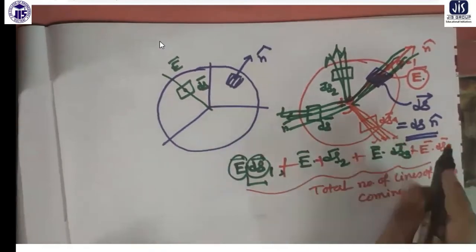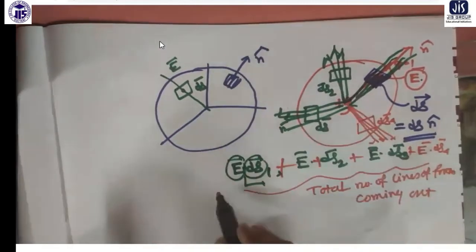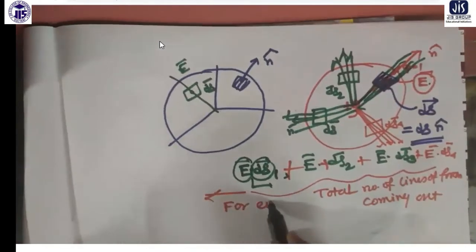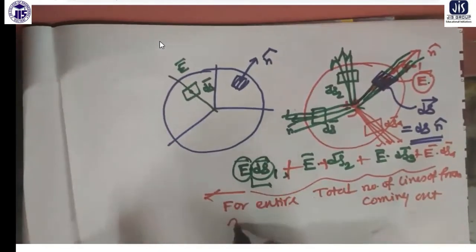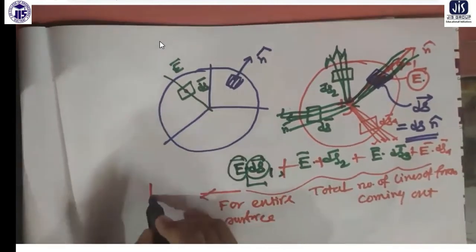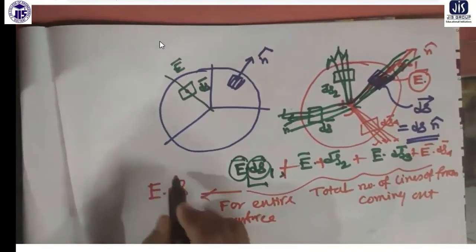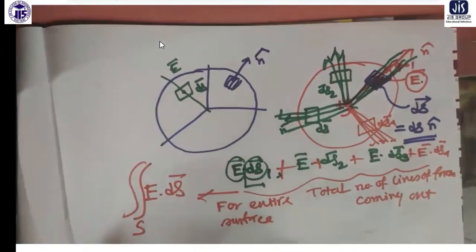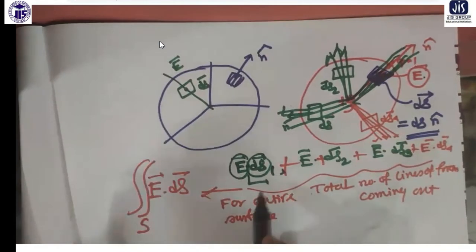Now if you consider the entire surface, it is an integration of E dot ds over the entire surface. Then it is called a surface integral, E dot ds.